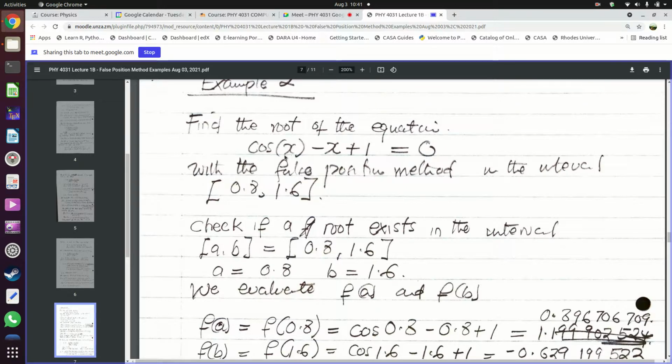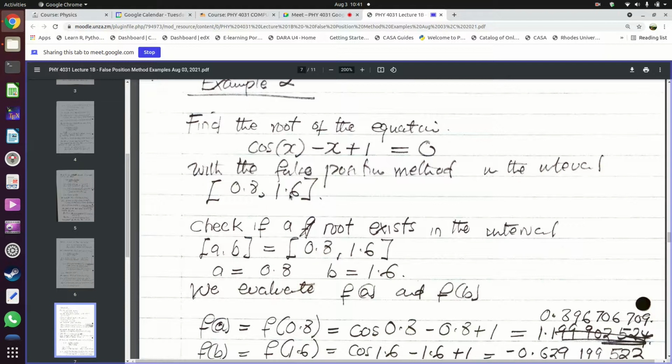If you don't change your calculator to accept angles in radians, it is going to think it's accepting angles in degrees, which is not correct in this case, because these numbers we're using, 0.8, 1.6, have units of radians, they are not degrees. Are we clear? Any real numbers you have, 1, 2, 1.5, 1.8, if it's just a number like that, that number has units and those units are radians. Are we clear?